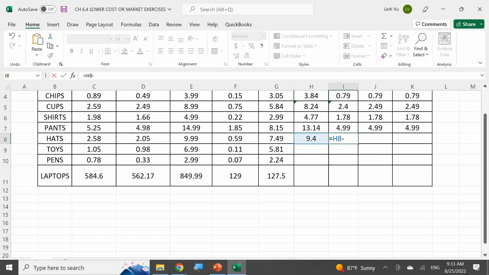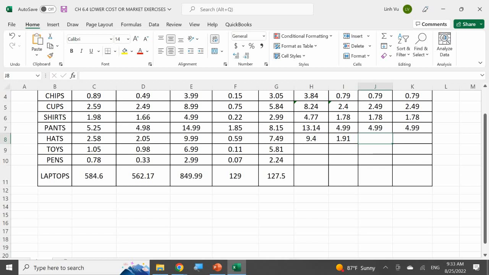My floor is going to be 9.40 minus $7.49, which is $1.91. So let's compare.